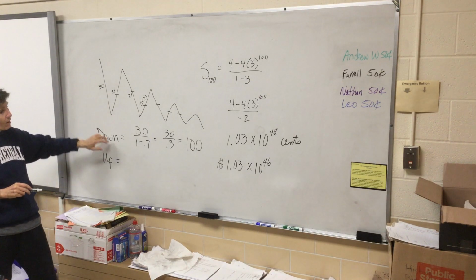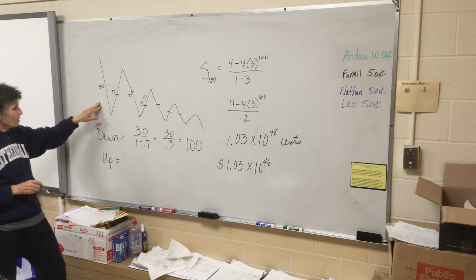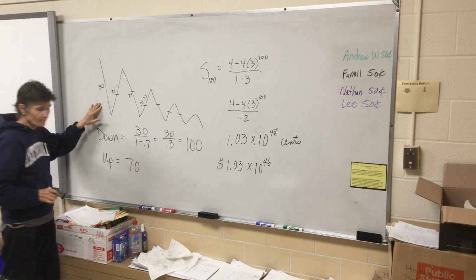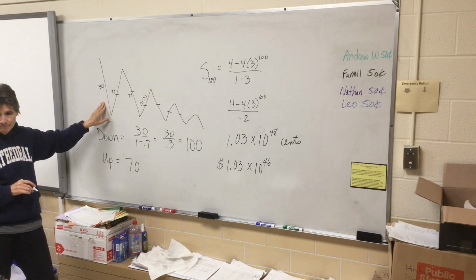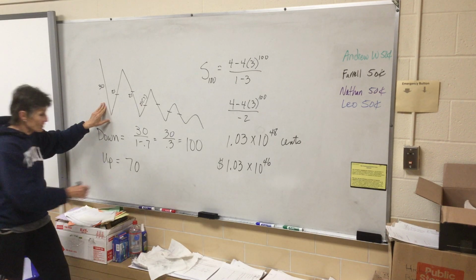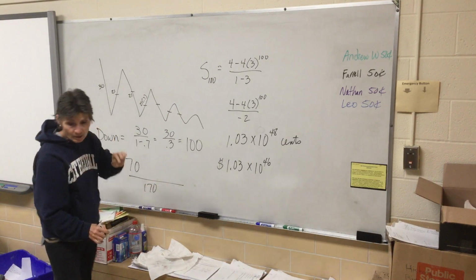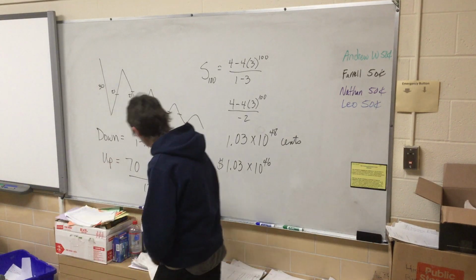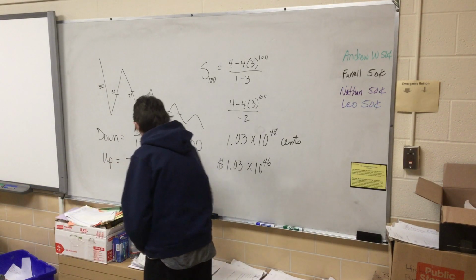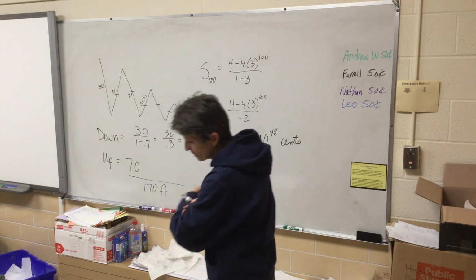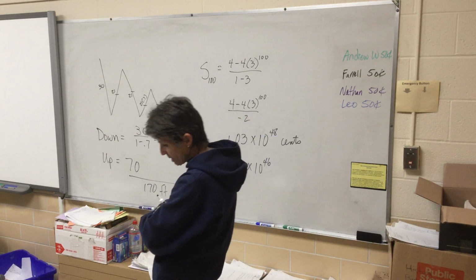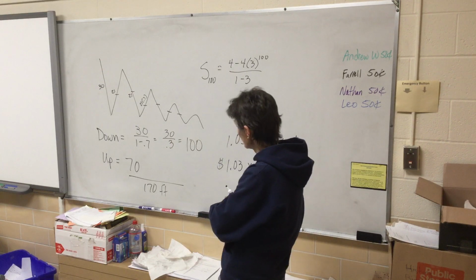So if the downs are 100, wouldn't the ups be 70? 100 minus the 30? So the total distance the ball has traveled is 100 plus 70, or 170 feet. 170 feet will be the total distance it travels before it comes to rest.